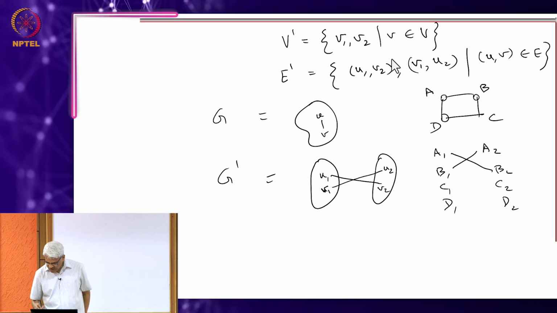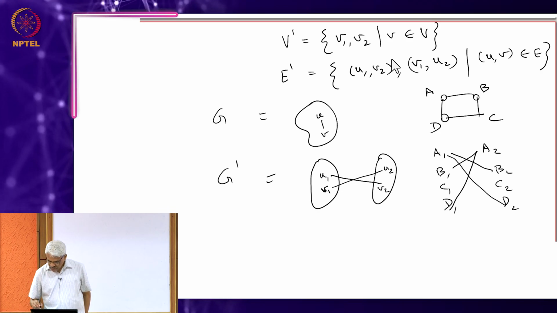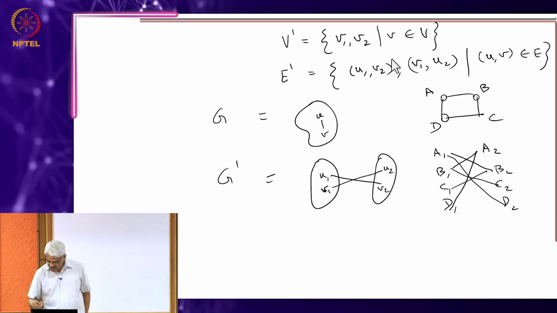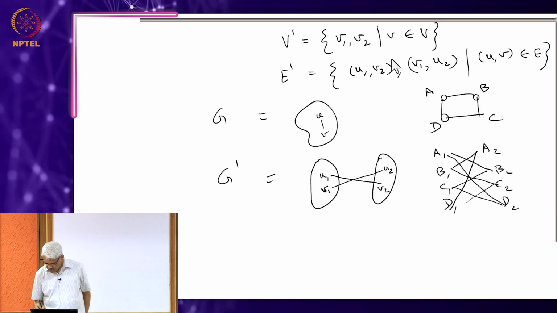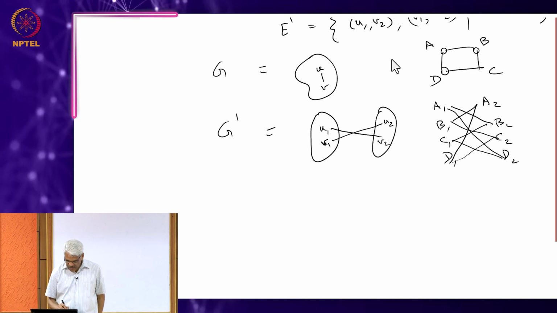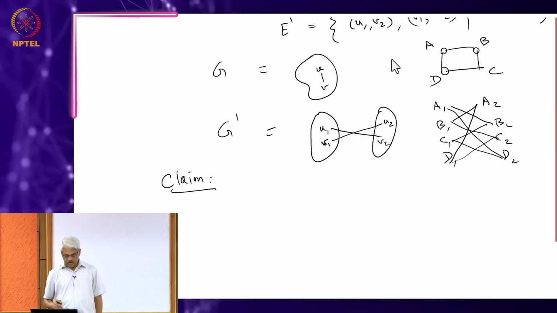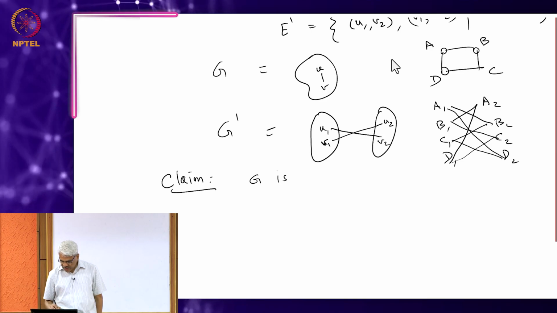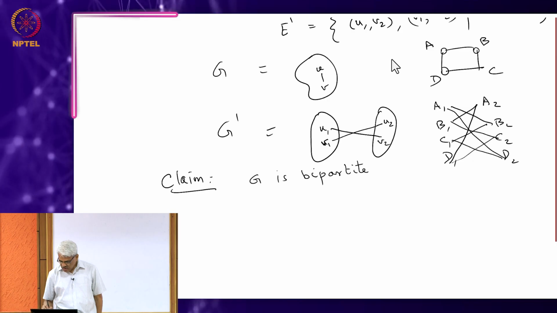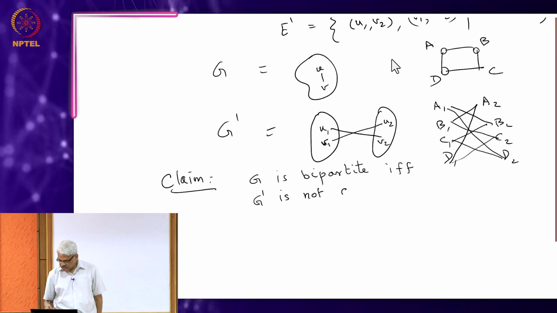AD edge will be like this, BC edge will be like this, and CD edge will be like this. And here is the interesting claim, left as an exercise, maybe can be done in tutorial. G is bipartite if and only if G prime is not connected.